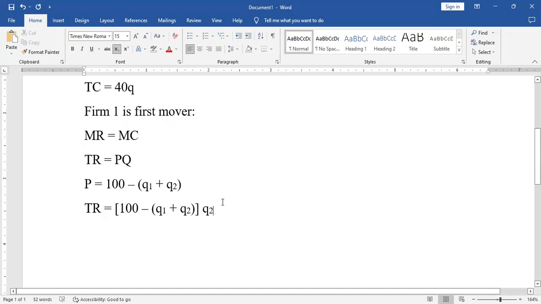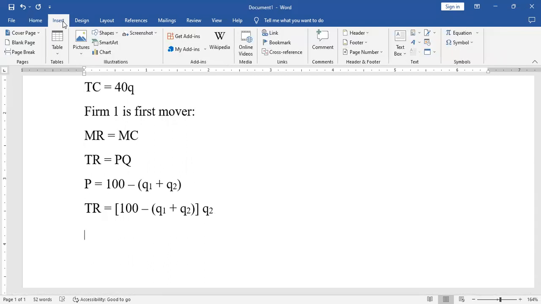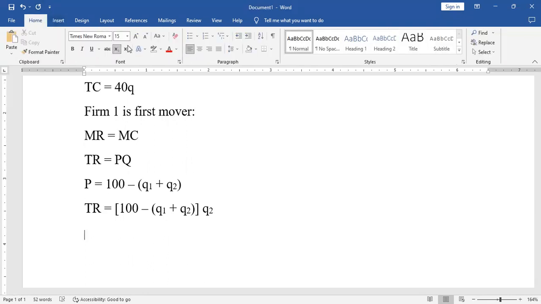Expanding the total revenue function, I will simply say 100 minus Q1 here.